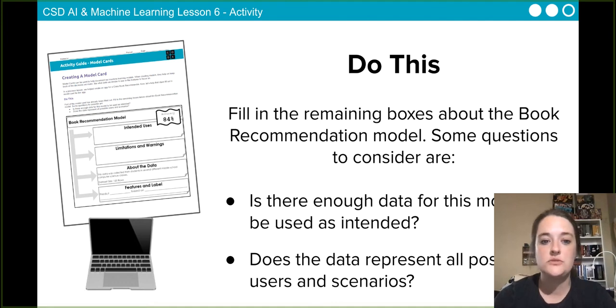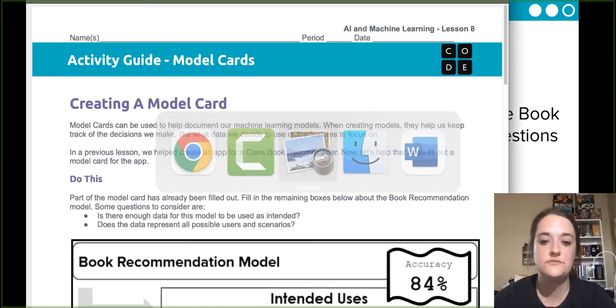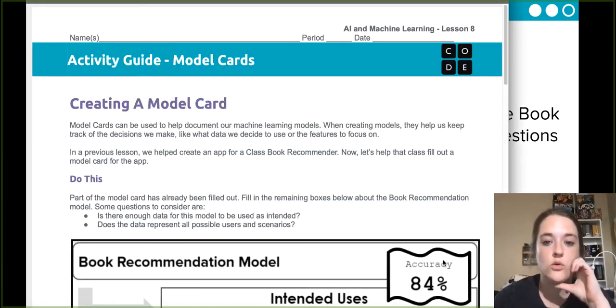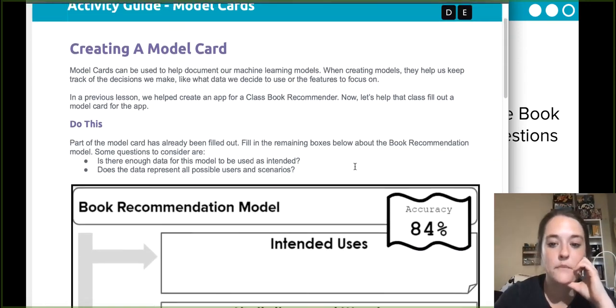So what you're going to do is fill in the remaining boxes about the book recommendation model. Some questions to consider are: is there enough data for this model to be used as intended? Does the data represent all possible users and scenarios? You're going to fill in your model card.